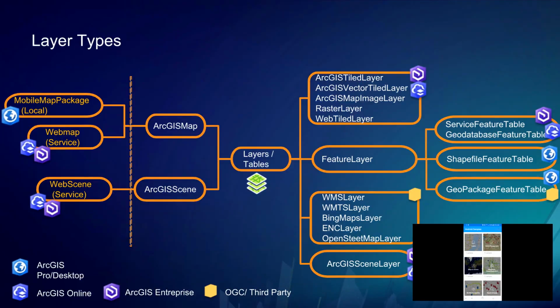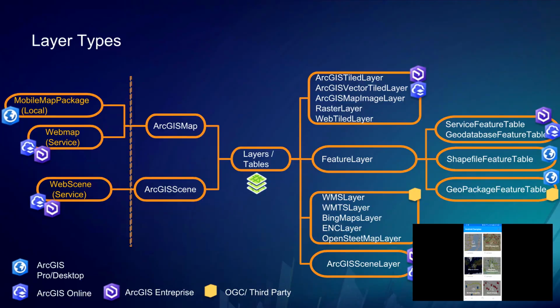Again, it's coming from the map service from ArcGIS Enterprise. We support raster layers. We also support custom tile layers. You can extend this web tile layer and get a tile layer from a third party, and then you can build your custom tile layer as well. We support a lot of OGC layers like WMS, WMTS, Bing Maps, ENC, and OpenStreetMap layers. For 3D, we support ArcGIS scene layers as well.